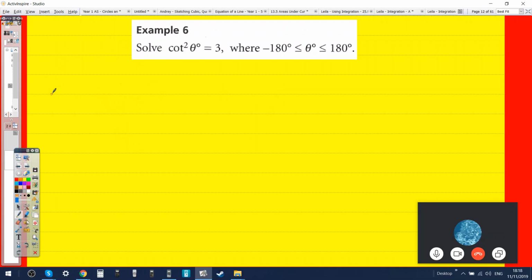So for this one, you do theta is equal to arctan of the root of 1 over 3. Yep. Plus minus. And then from there, you solve for the positive and negative values of the root. Go on, try it. Okay.